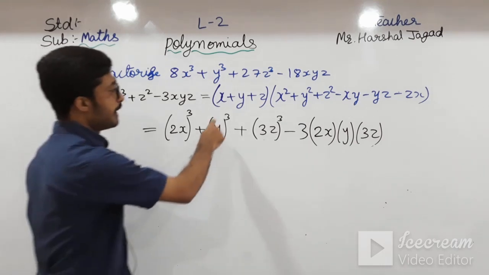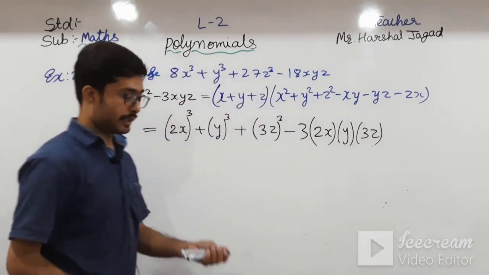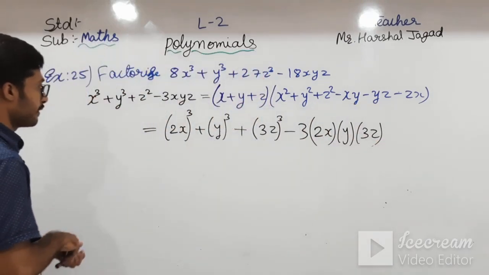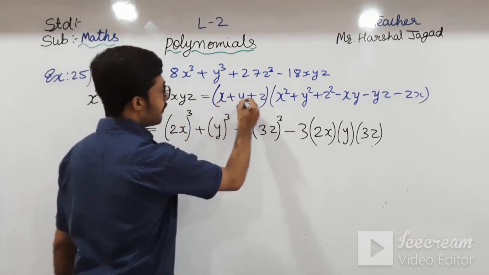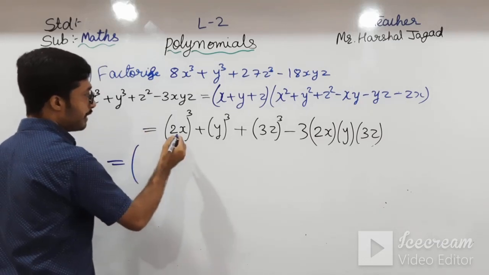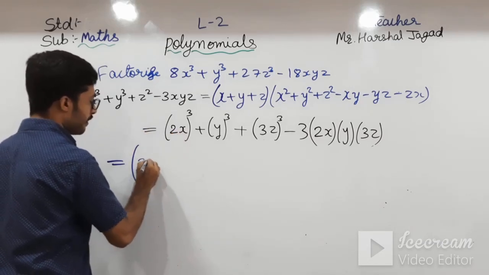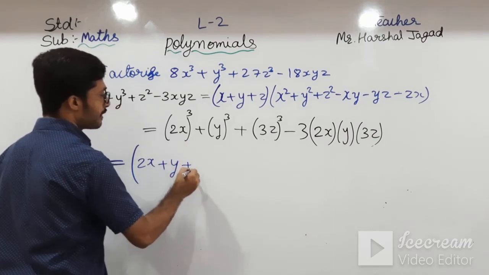Now we will put the values of x, y, z. Here we will put all the values. Let us do that. So here first of all x plus y plus z. Okay students. So what is the value of x? That is 2x, plus what is the value of y? That is y only. What is the value of z?